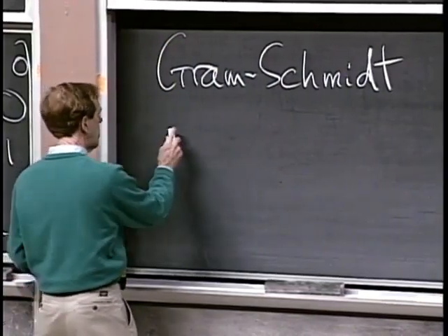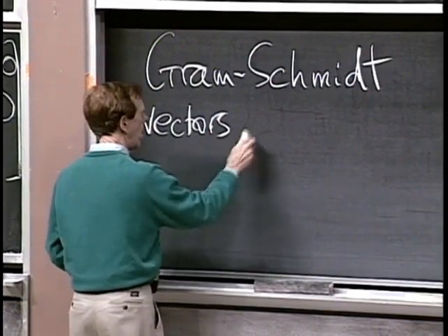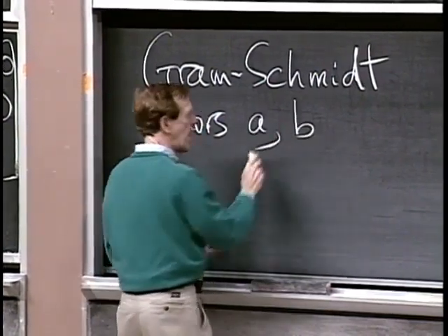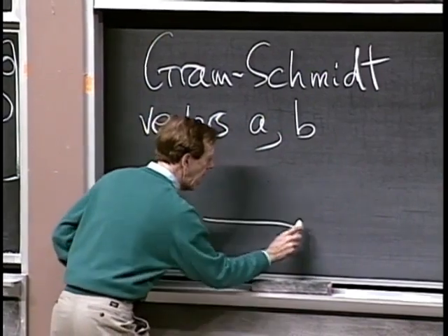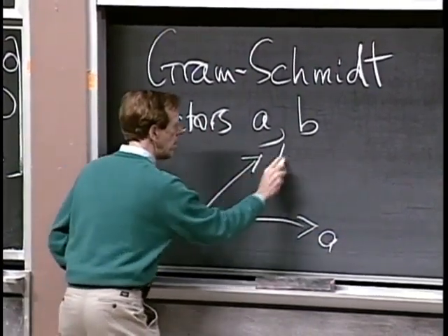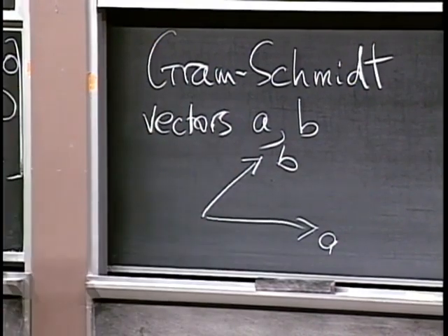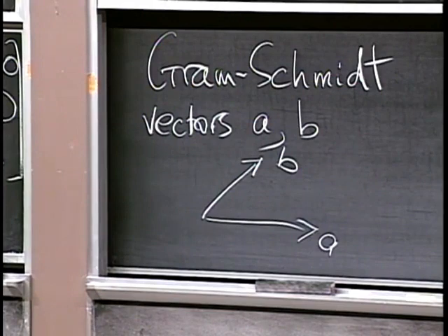So let me start with two columns. I start with vectors A and B. Let me draw them. Here's A. Here's B. A isn't specially horizontal, wasn't meant to be. A is one vector, B is another.